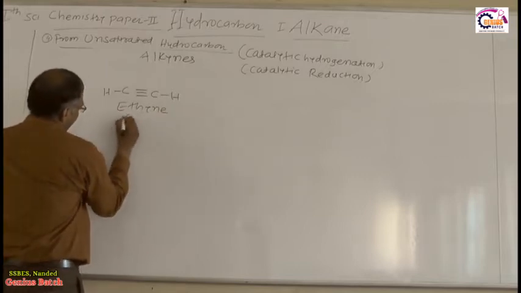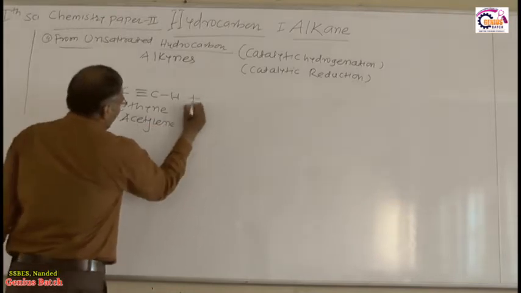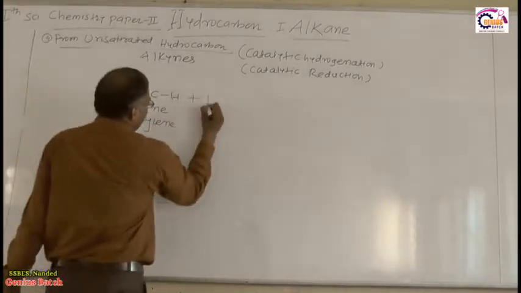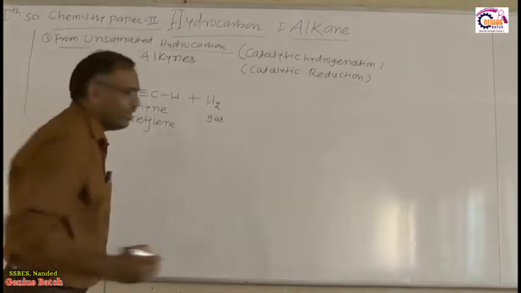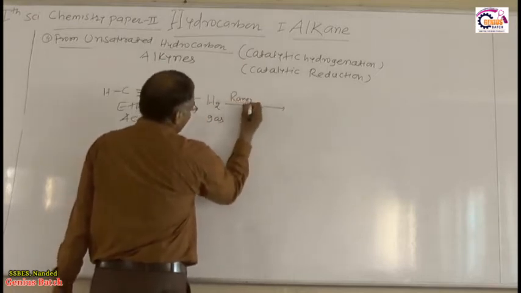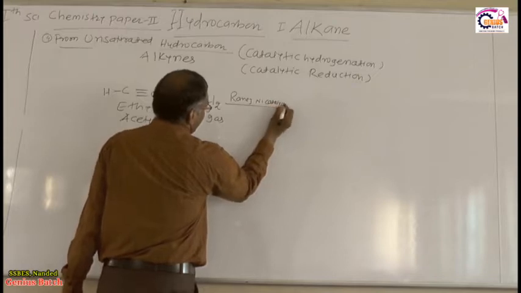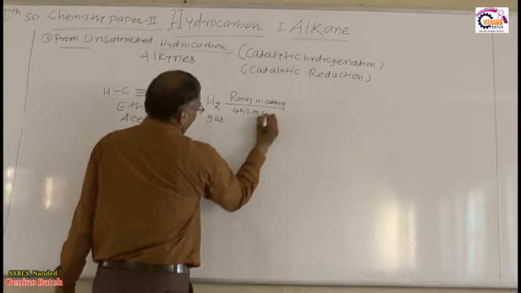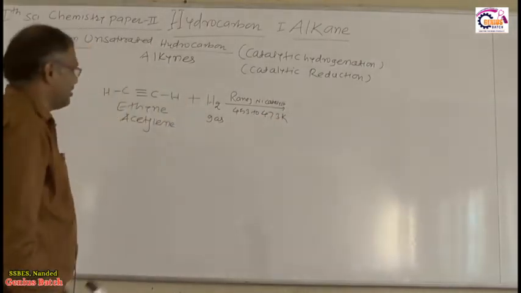The common name is acetylene. When this ethyne or acetylene is heated with hydrogen gas in the presence of Raney nickel catalyst at about 453 to 473 Kelvin, this is the temperature.